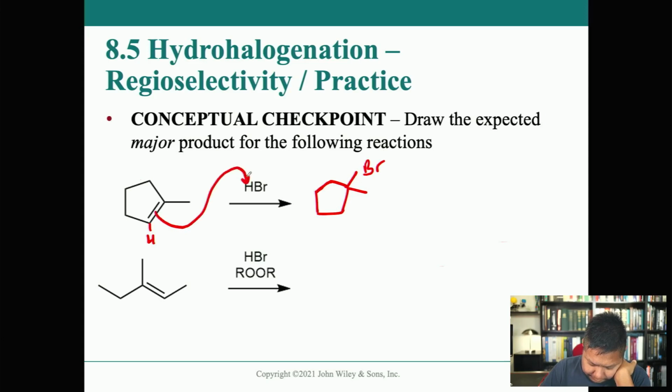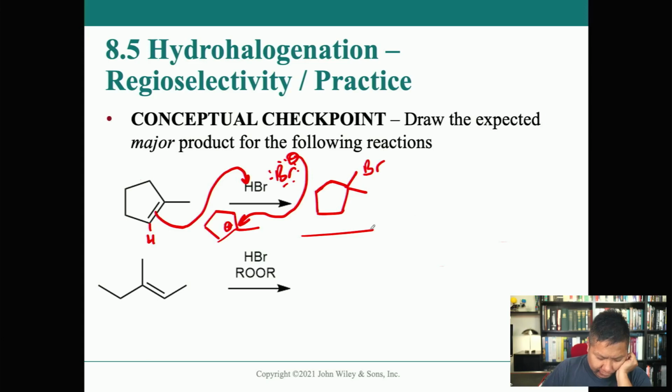the alkene comes over and pulls off the proton. Then you're left with this cool little tertiary carbocation right there. And then my bromine, I didn't forget the r this time, comes over and does a nucleophilic attack right there, and that's how I get that.